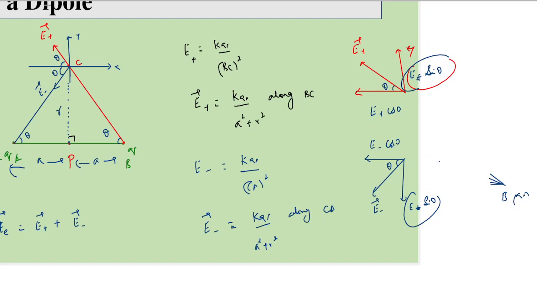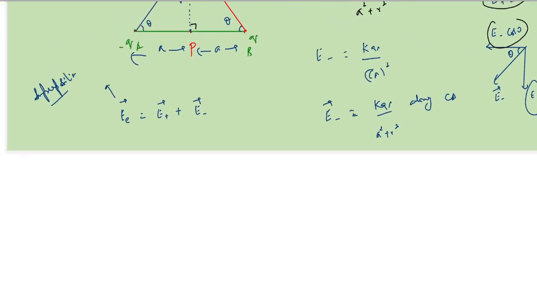Now what remains is this plus this, and these two act in the same direction. Hence, the net field at any point on the equatorial plane is equal to just adding up the cos components. So it will be E plus of cos theta plus E minus of cos theta.